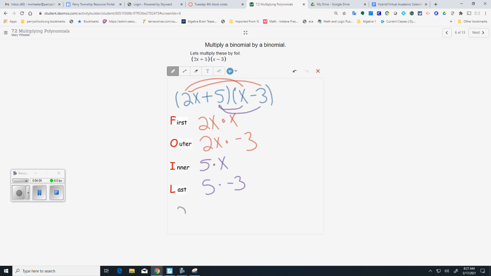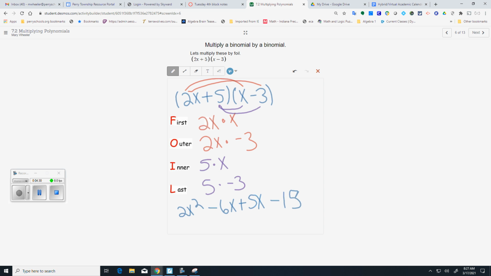And then when we multiply all of that out, 2x times x is 2x squared. 2x times negative 3 is negative 6x. And 5 times x is positive 5x. And 5 times negative 3 is negative 15.